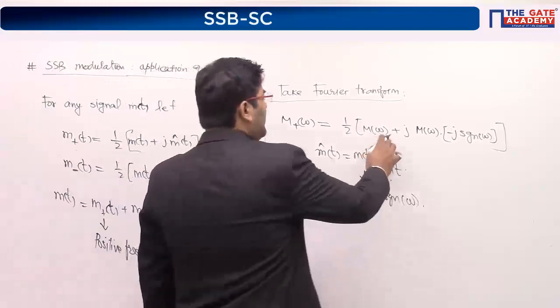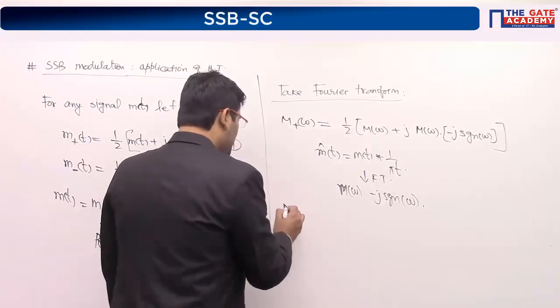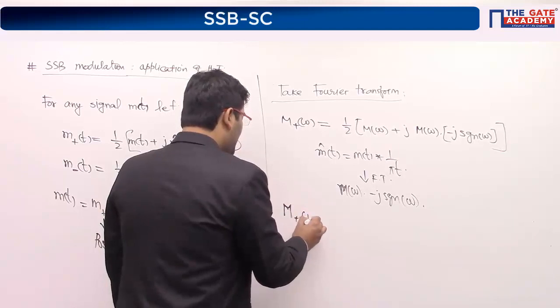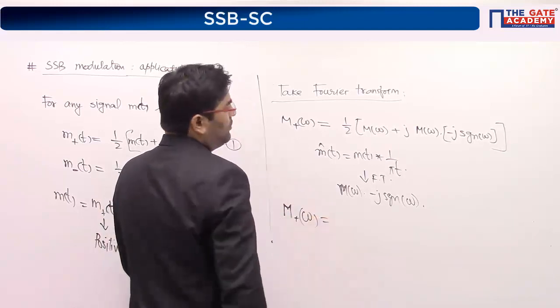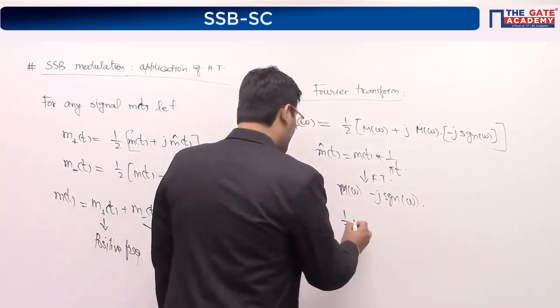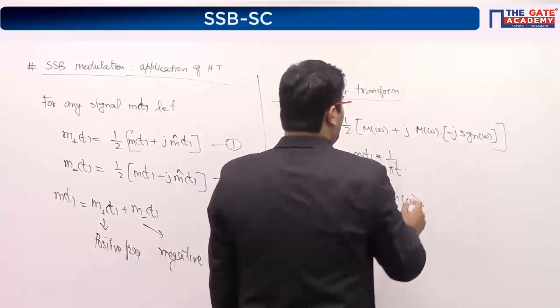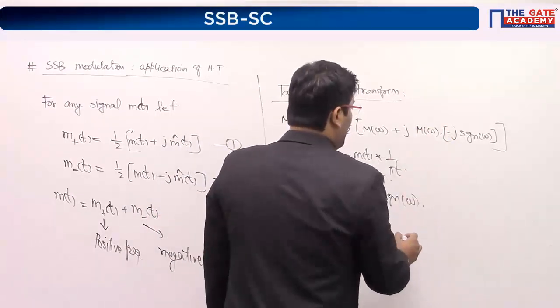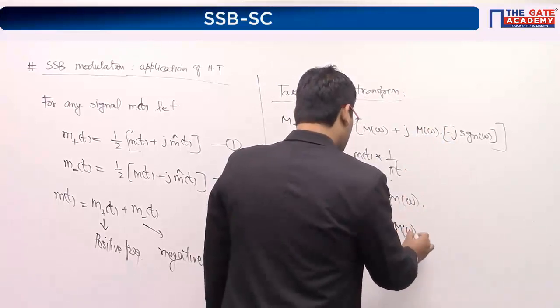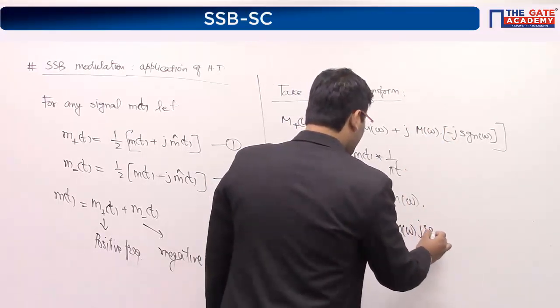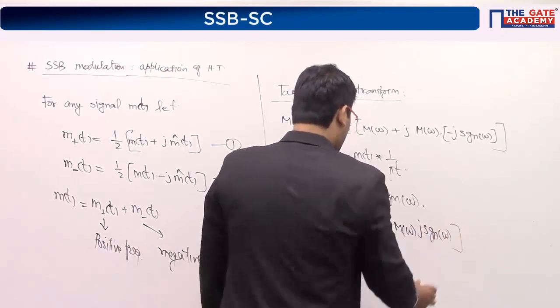So if you solve this a little bit more, m plus omega equal to half m of omega minus j into j, which is plus, so it becomes m omega j signum omega.